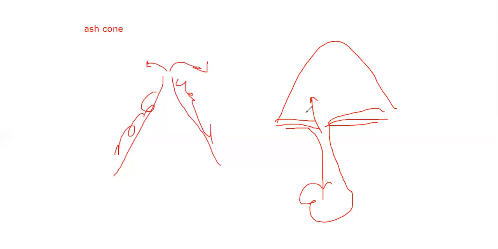Now examples of cinder cones include the Cerro Negro in Nicaragua, or Wizard Island in Crater Lake, Oregon. So these are basically layers of volcanic material, tephra, layers of cinders.